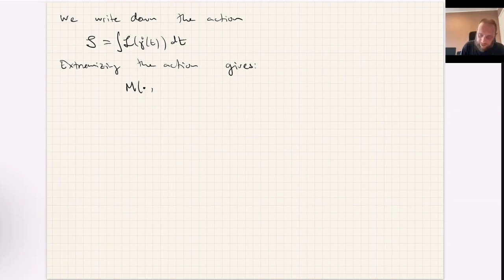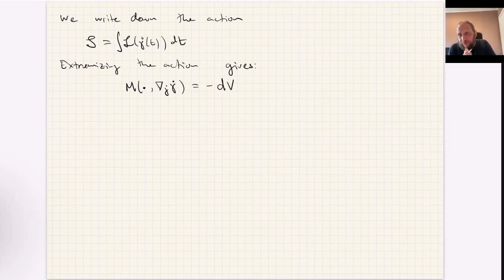So if I just insert something in the second argument, that's going to be a dual vector. And what I need to insert here is the covariant derivative in the direction of the velocity itself. And this must be equal to minus dv, the differential of this function v, the potential.